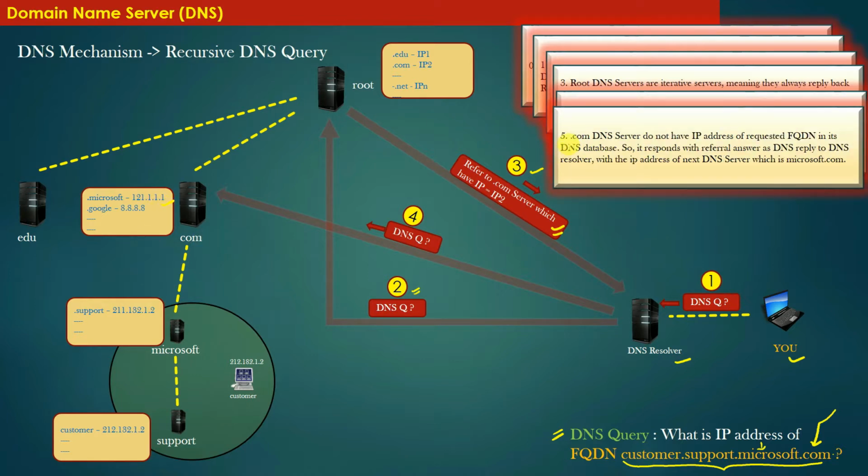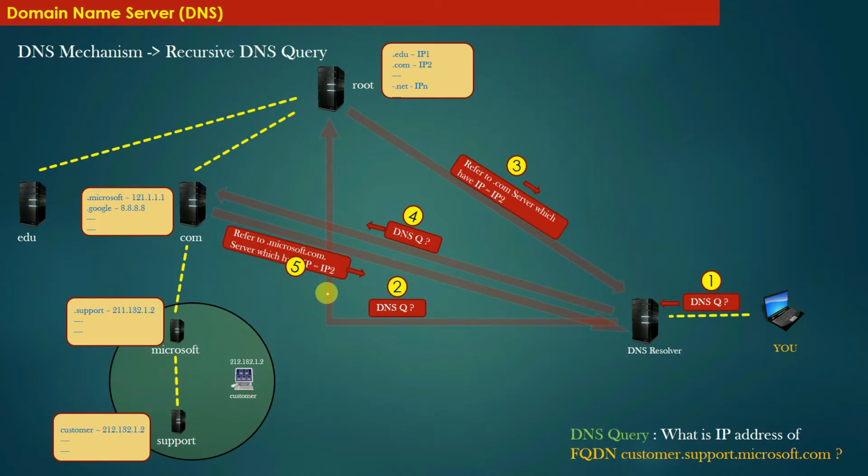So you can see in step 5, the .com DNS server does not have the IP address of the requested FQDN in its DNS database. So it responds with the referral answer as a DNS reply to the DNS resolver. Right? And in this DNS reply, it specifies the IP address of the next DNS server, which is the .microsoft.com DNS server.